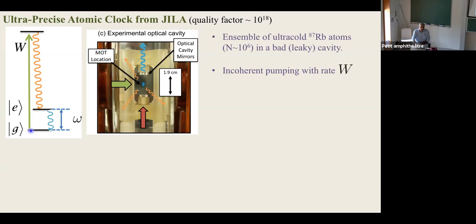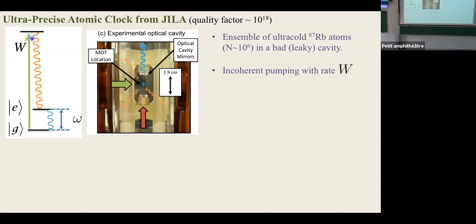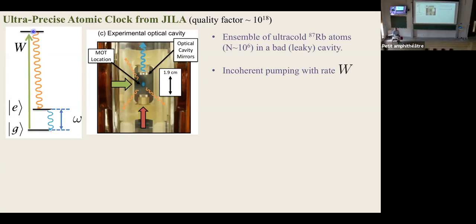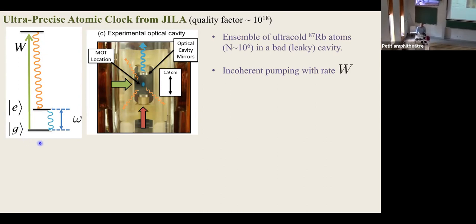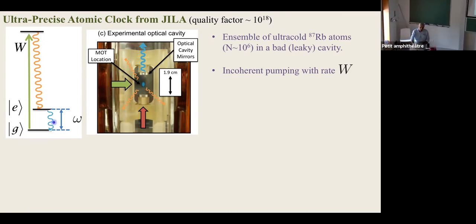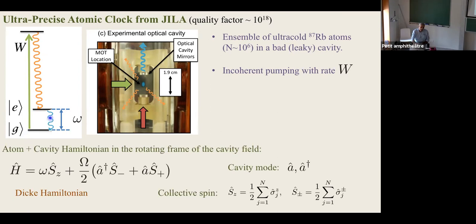The atoms are pumped at a rate W to an intermediate level from which they decay to E. And then this 2-level system is coupled to a cavity mode with a Rabi coupling. So the atom then goes from E to G and emits a cavity photon.